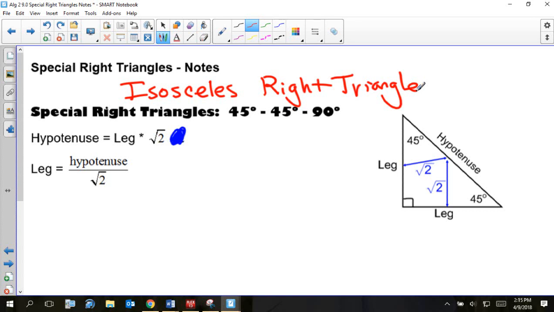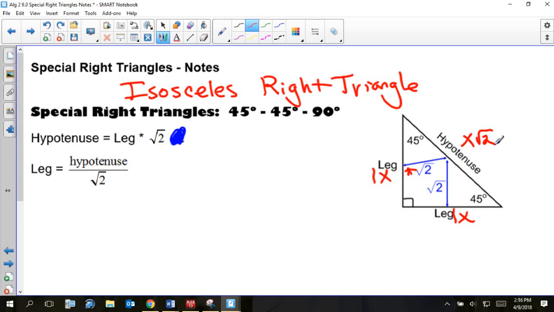So the two legs, I'm going to call 1x. You don't have to write the 1, but I'm calling them 1x. And then the hypotenuse, if you know the side length, you multiply by square root 2, and you get the hypotenuse of x square root 2.